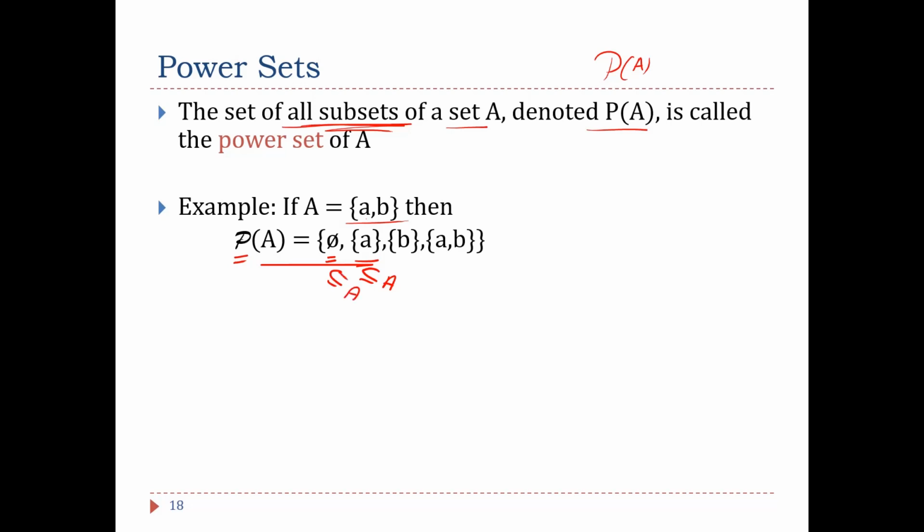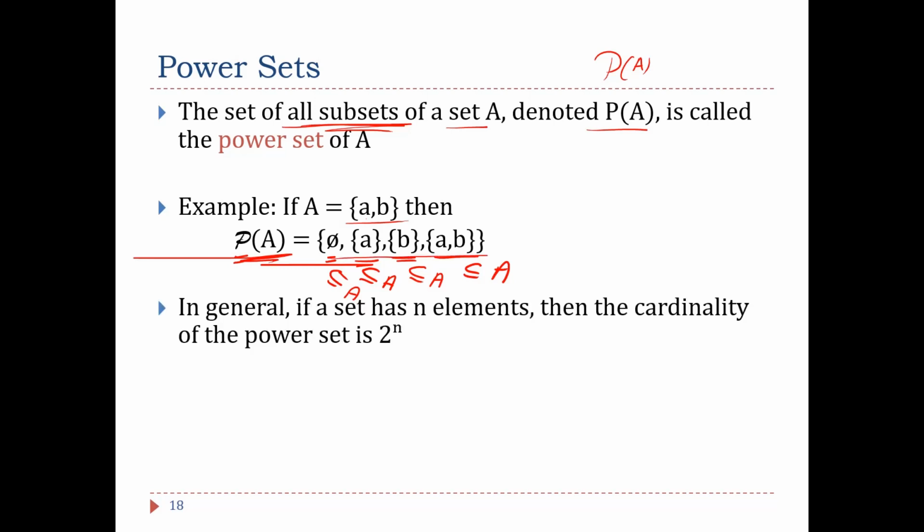Well, of course. Can't we say that this one is a subset of A? Absolutely. And that one, because every set is a subset of itself. We already discussed this, okay? And there are no other subsets of A.